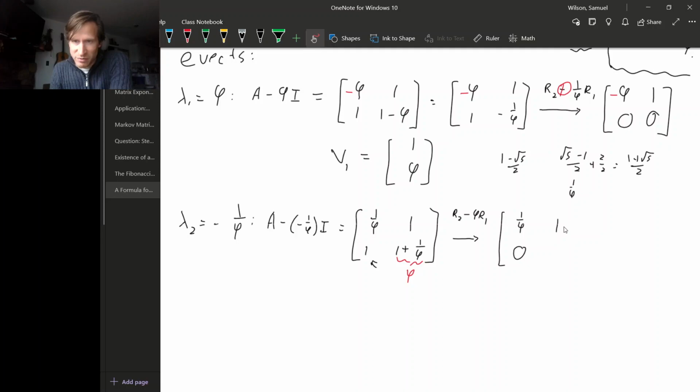And then phi times 1 is phi, subtracted from phi is 0, good. So that zeroes out this last row, and this means that our second eigenvector looks like it's going to be 1 and minus phi. So we can put a minus sign on either entry. I don't think it's going to make a difference, so let's put it there, on the 1 over phi.